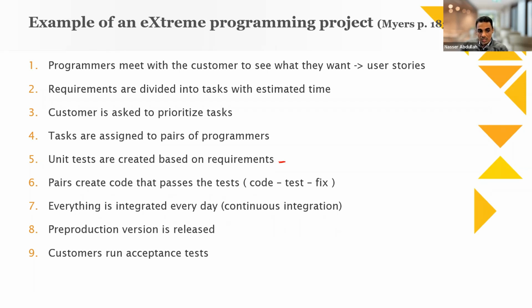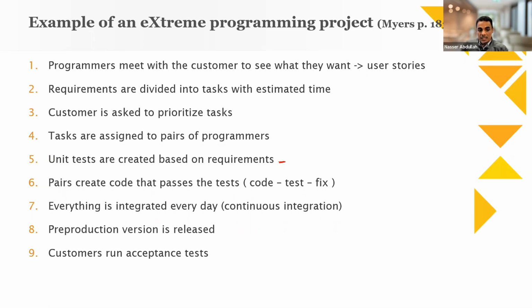So here we create the unit test, and after that we create code that passes this test. We have, guys, one exercise about that issue, which is how to create the test before the code. Then you will see how we can do that.